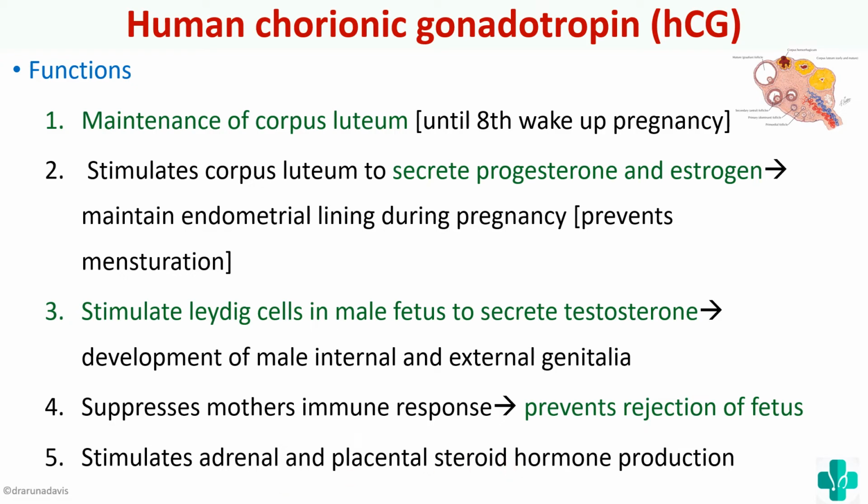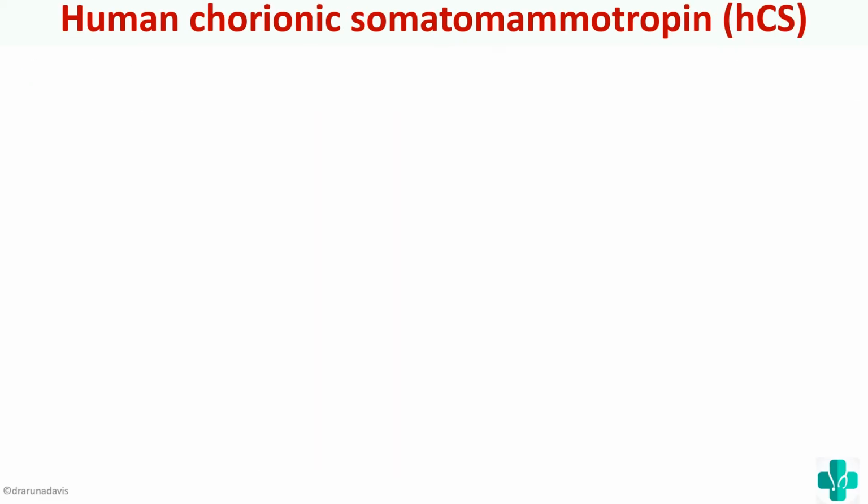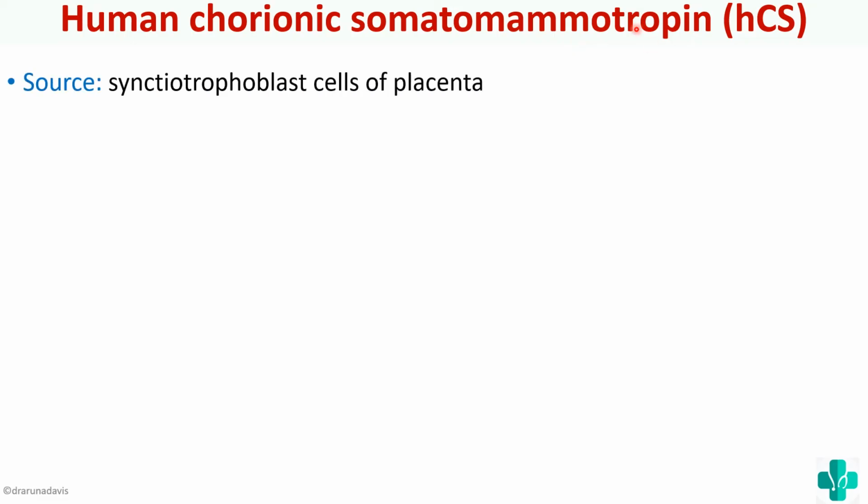Now we'll move on to our next hormone, human chorionic somatomammotropin. This word might seem big, but see, somato means body, mammo means mammary gland, tropin means to grow. So it's a hormone which helps the body and the mammary glands to grow. Here again the source is the syncytial trophoblast cells of the placenta.